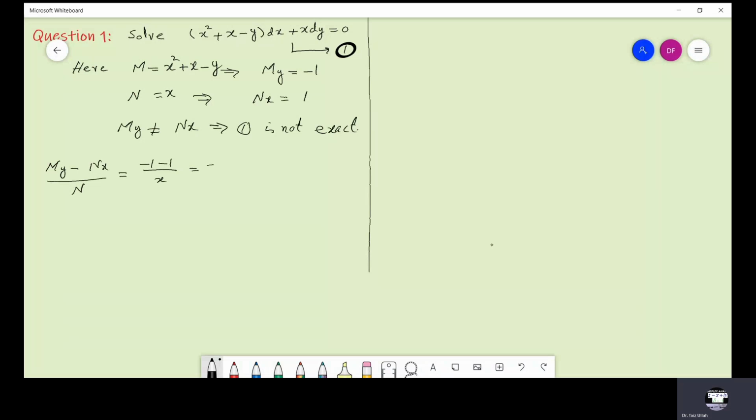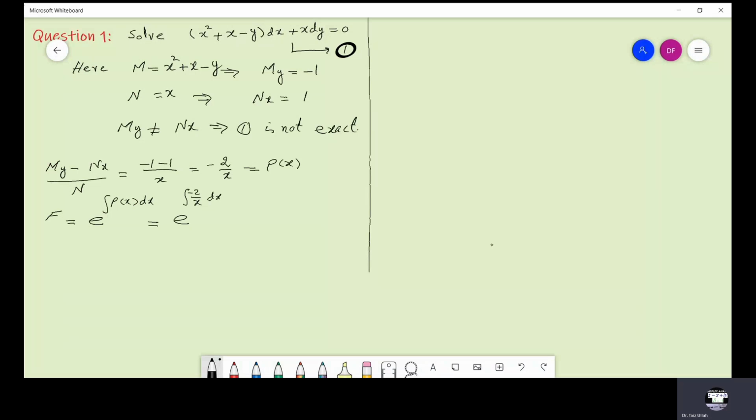So this is equal to minus 2 divided by x, and we can see that this is a function of x only. So the integrating factor for this problem is f is equal to e power integration of p of x dx. Let us put values. We get e power integration of minus 2 divided by x dx.